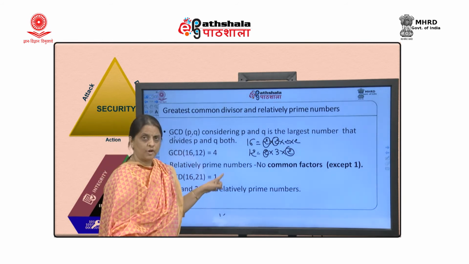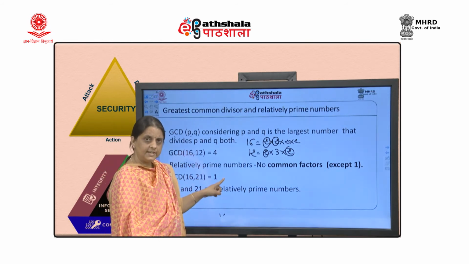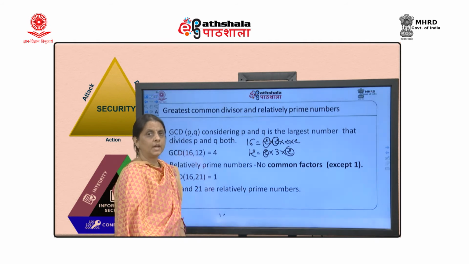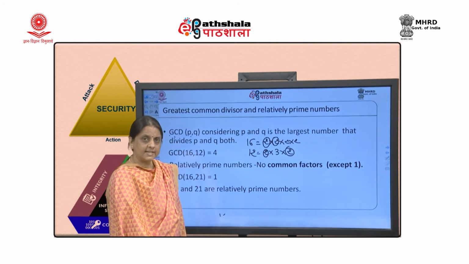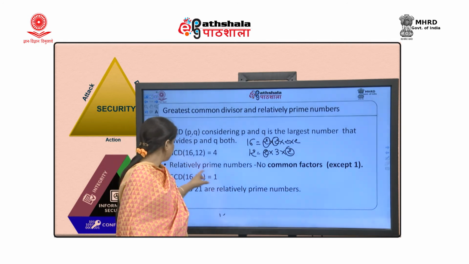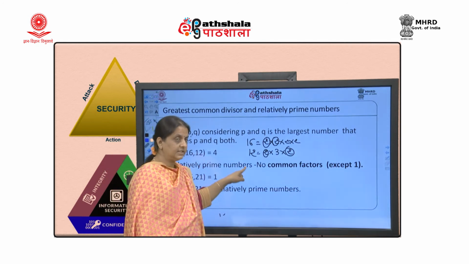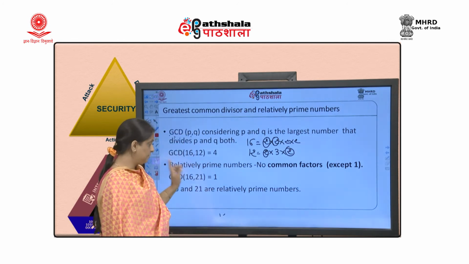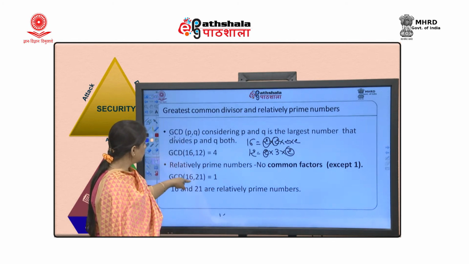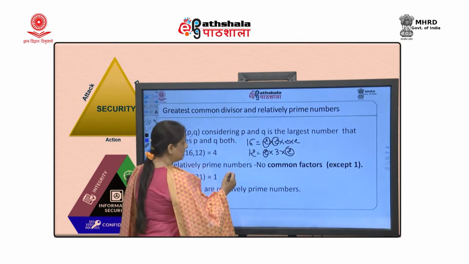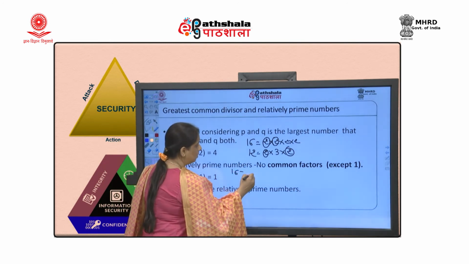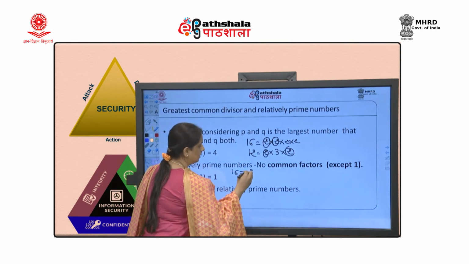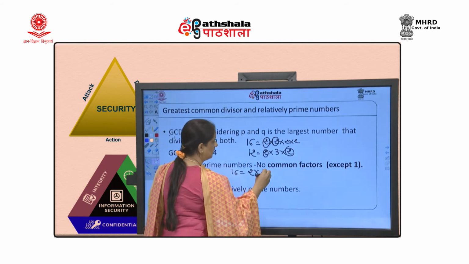Now, from that I want to take you to relatively prime numbers. In cryptography we extensively use prime numbers. Relatively prime numbers are numbers that have no common factors except 1. Think about 16 and 21. 16 would be denoted as 2 into 2 and so on.